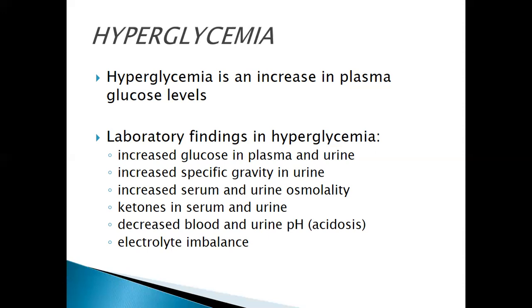That's why in hyperglycemia, or in any state where there is impaired metabolism of your glucose, it may be associated with an increased ketone level in the serum and in the urine. Hyperglycemia may also be associated with acidosis, or with electrolyte imbalance.